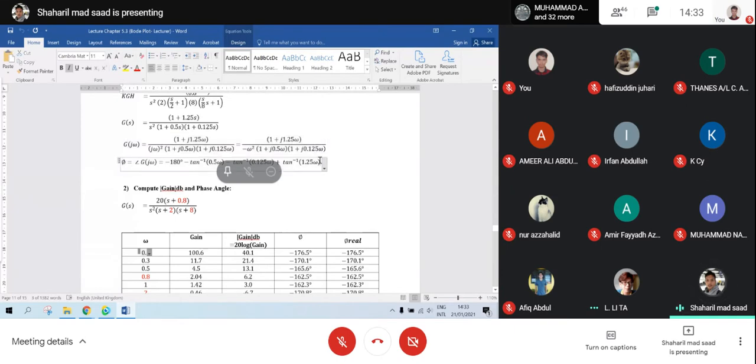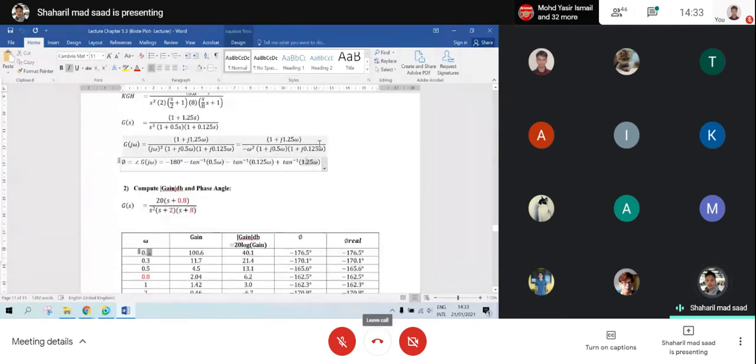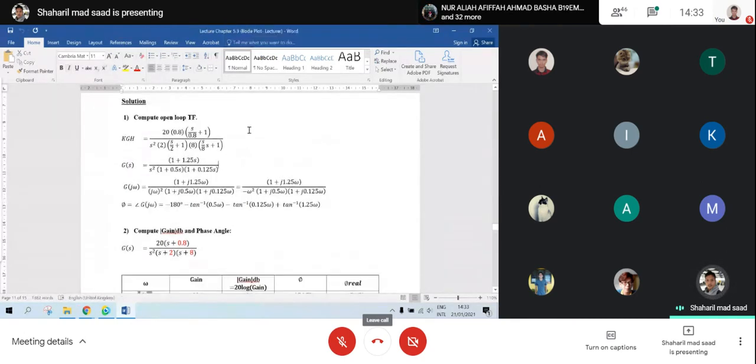So if you write it and the value in this table is wrong, you will still get the mark if the equation you write here is correct. Do you understand what I mean?